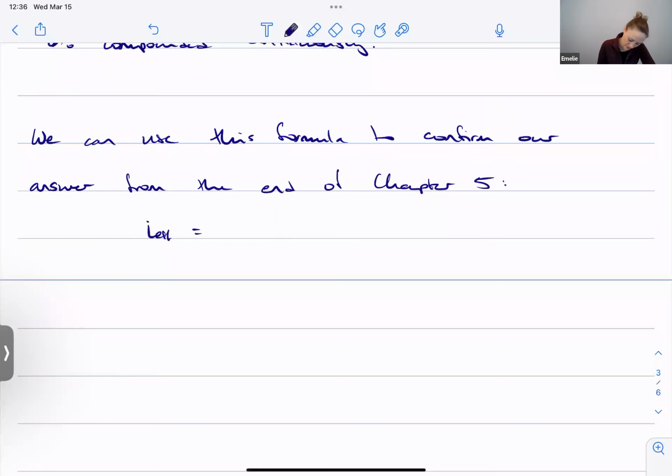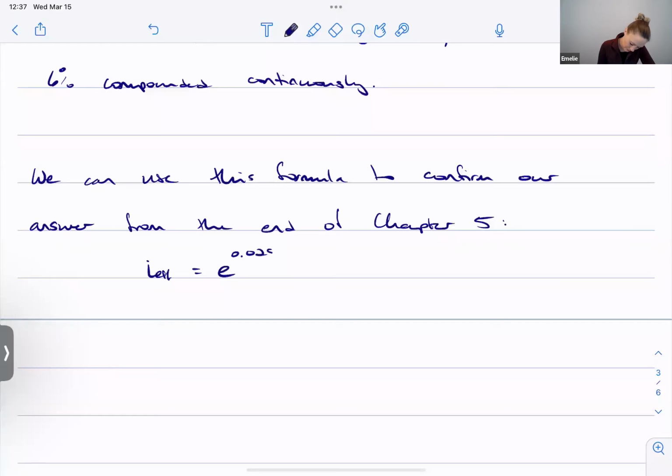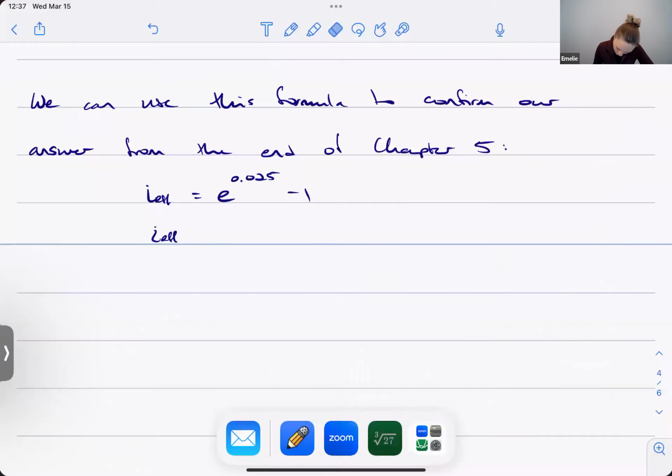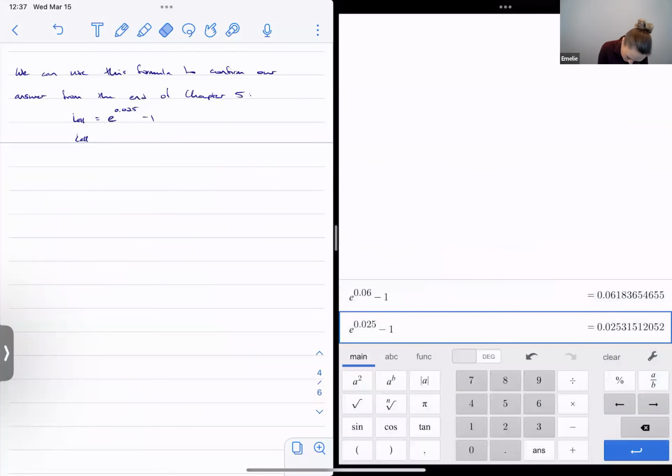The effective interest rate is e to the 0.025 minus 1, which is roughly 0.0253151205.